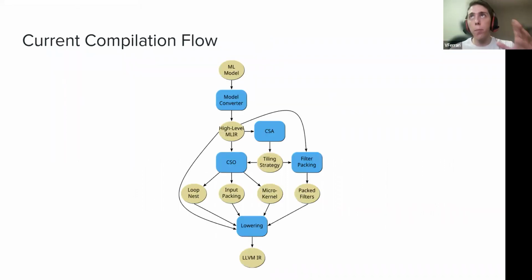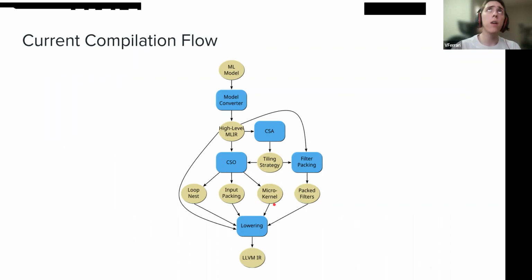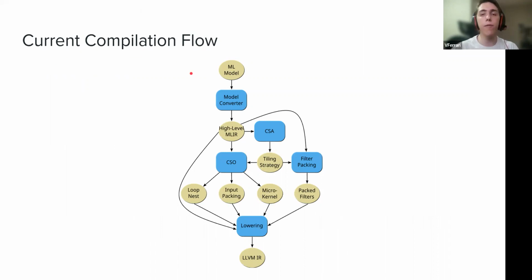This image will be our best friend for a while now. This is going to follow us for a few slides from now on. So we start with a machine learning model. This is the current compilation flow. You can have different compilation flows that do not start with a machine learning model, but start with individual convolutions, for example.